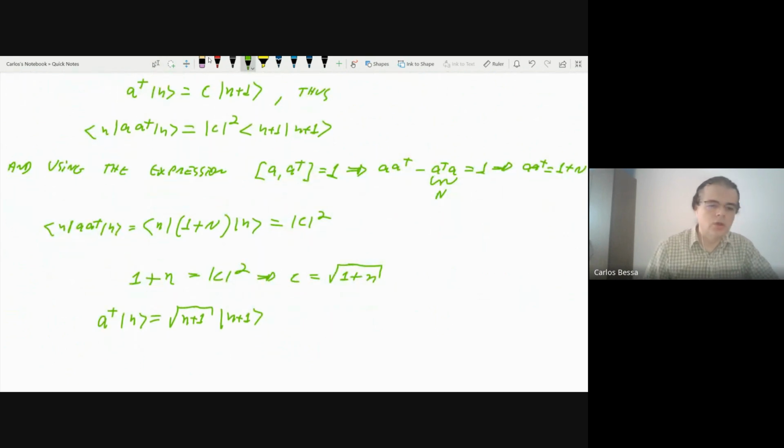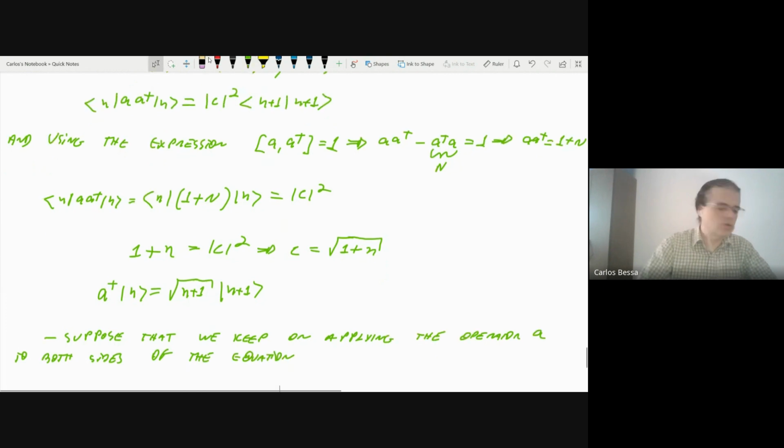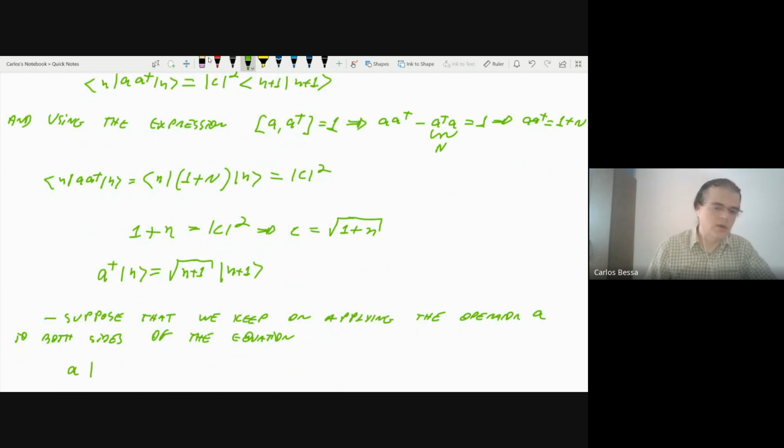So suppose that we keep on applying the operator a to both sides of the equation, the equation that we just saw. And this we just saw, yeah, is this.